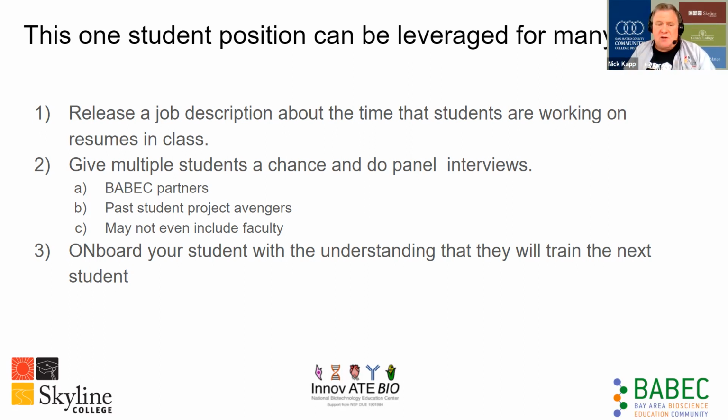What I'm saying is that what we really should do is send this position out to the whole campus, and look for the best person in our micro classes and our general biology classes. It does a couple of things: I'm possibly able to get another student out of it, but I'm also getting the idea of the biotech program into these other areas.